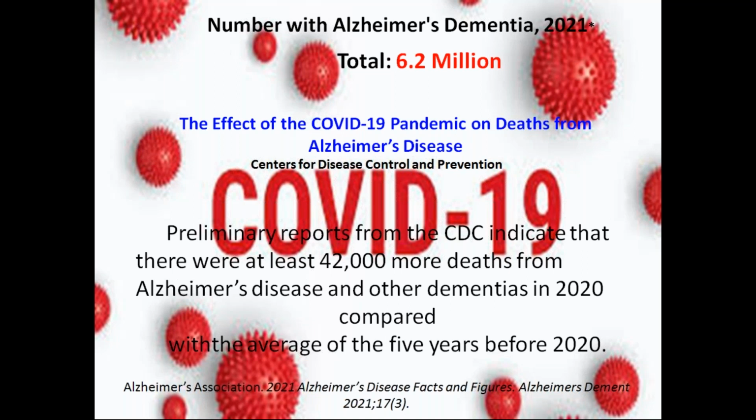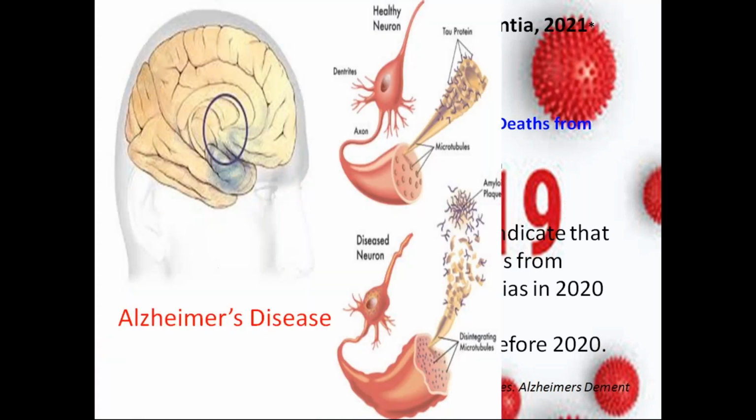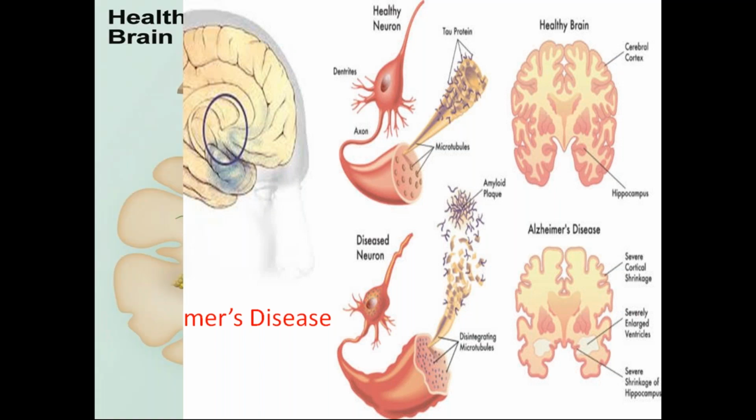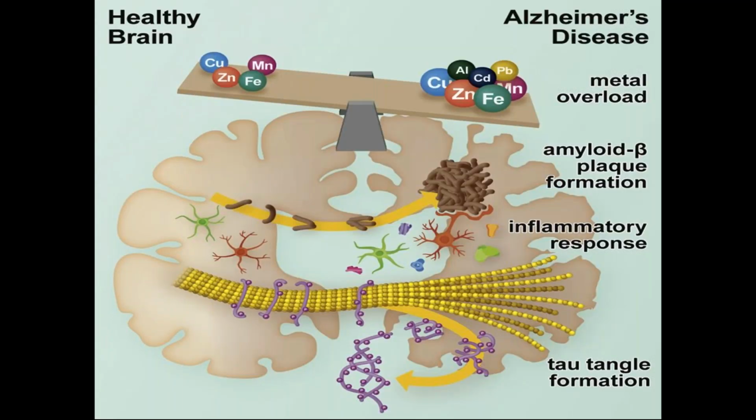Okay, now I present some basic information on Alzheimer's disease. Here is the comparison between the healthy brain and Alzheimer's disease. In the case of Alzheimer's disease, we have contraction of neuronal cells and the problem of producing amyloid plaque and the protein tau. Okay, this is the balance between the healthy brain and Alzheimer's disease.